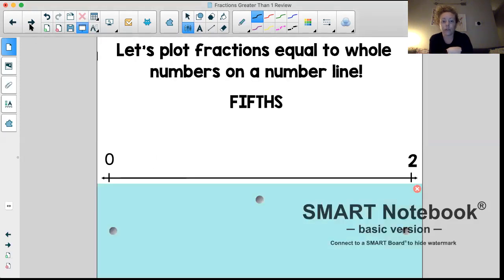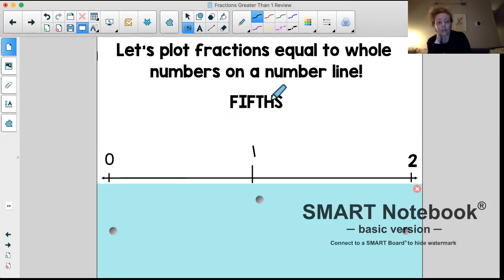All right, we're gonna do one more together. This one is fifths. So draw a number line if you're doing this with me, endpoints of 0 and 2. We're missing just the number 1. We just have one whole number this time in the middle, so I'm gonna plot that and obviously label it 1 whole because I remember this time.